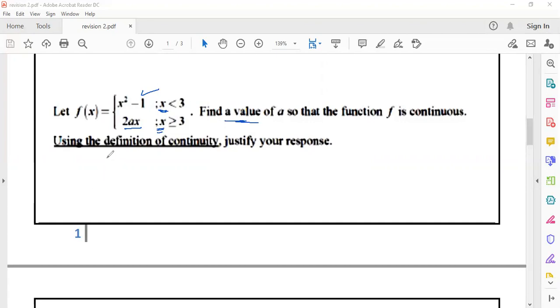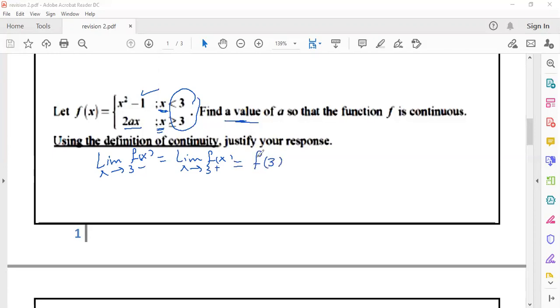Look here. This function is continuous everywhere, which means it is continuous for all values less than 3, greater than 3, and also at 3. I use the definition of continuity here at x equals 3. If this function is continuous at x equals 3, this means the limit of f of x when x approaches 3 from the left equals the limit of f of x when x approaches 3 from the right, equals f of 3 itself.